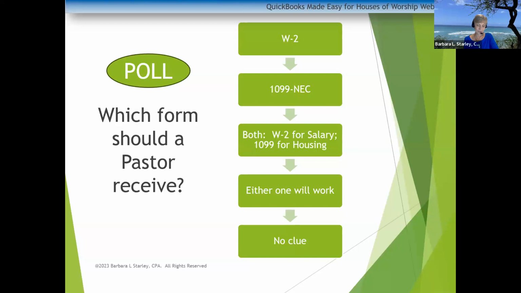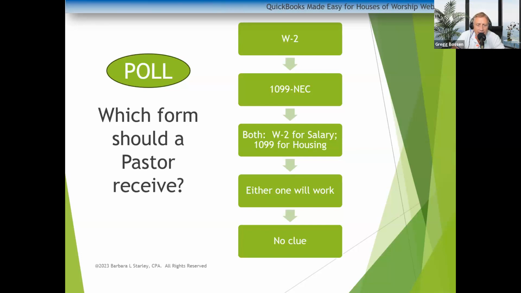Any compensation, and we're going to talk about compensation, any compensation paid to that pastor has to show up on a W-2. If they are an employee of the church, just like any employee, any compensation that gets paid through that church has to go on the W-2, 100%. And by compensation, I think you're referring to salary, and the housing allowance is on the W-2, but not to worry.